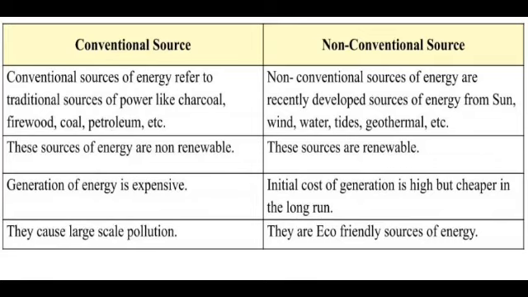Conventional sources of energy are expensive in nature, while if we talk of non-conventional sources of energy, the initial cost, that is the cost of setting up, is really high, but then the running cost is really less.